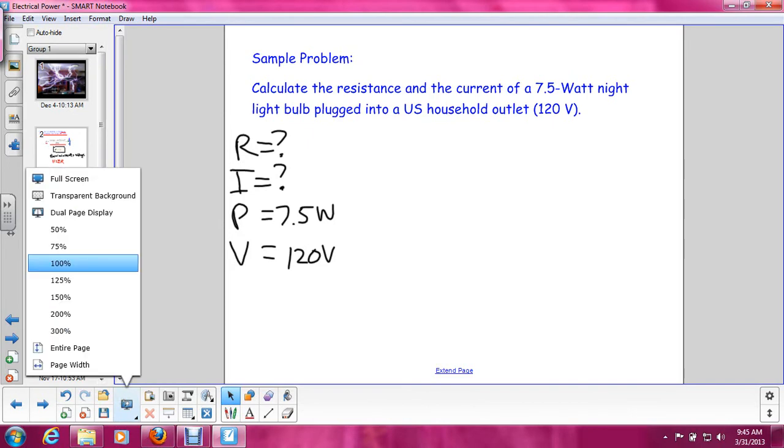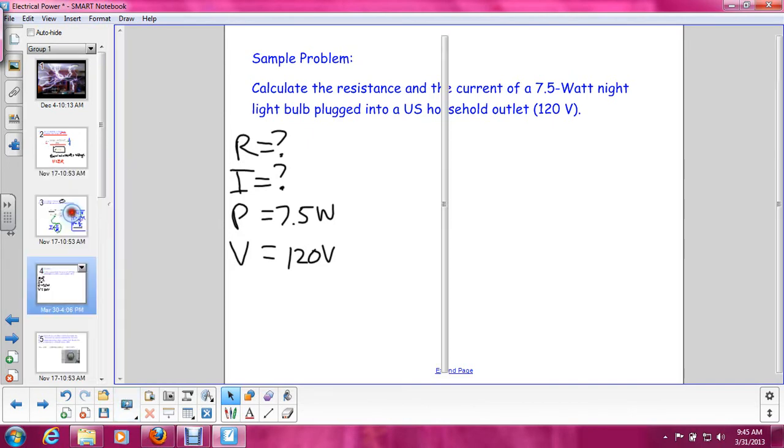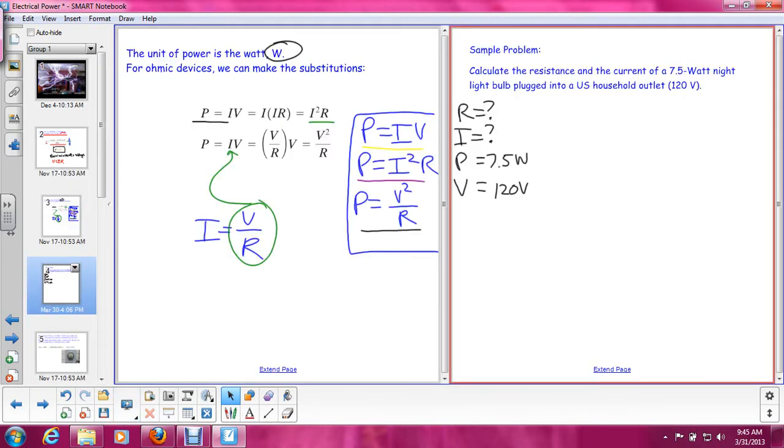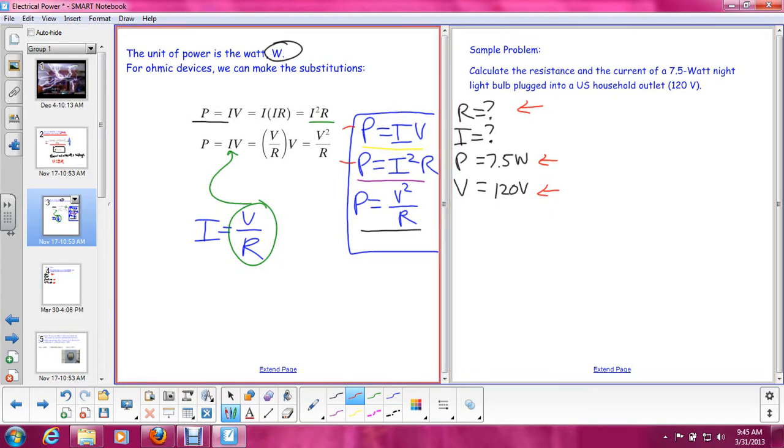This is where we can go back to our set of three equations here and try and figure out which one will fit. So let's try and solve for resistance first. So we are given V and P, and we want to solve for R. Which one of these has V, P, and R in it?